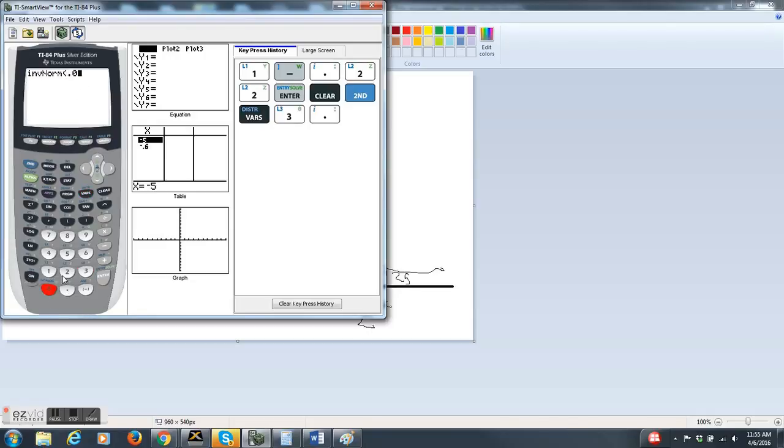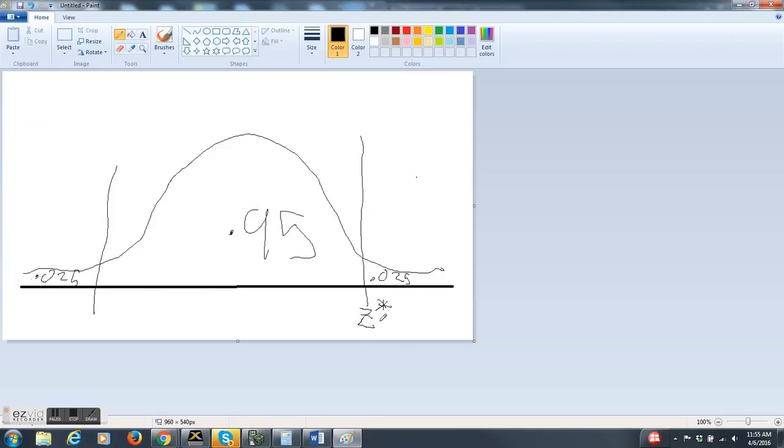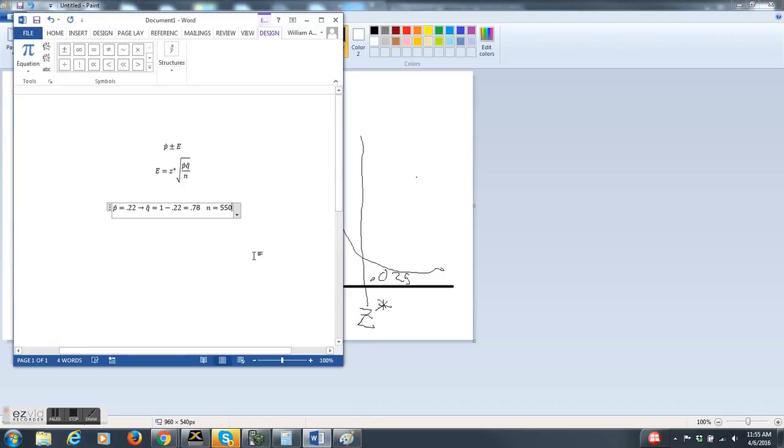If this is all 0.95, there's 5% in these tails total, so 0.025 over there and 0.025 over there. So what I'm actually going to do is find this one, which is a negative number, but since it's all symmetric, I'm just going to take the positive one to be my z star.